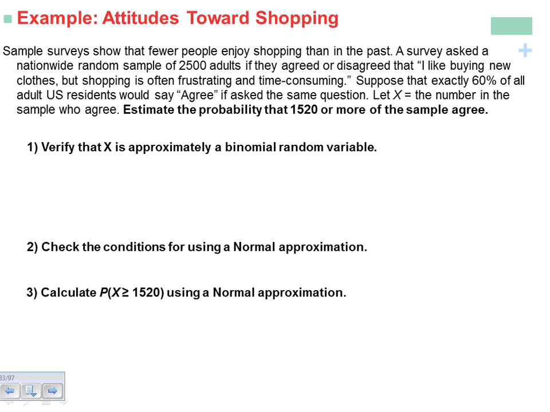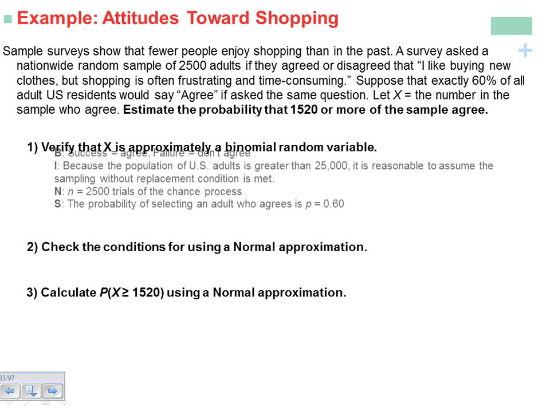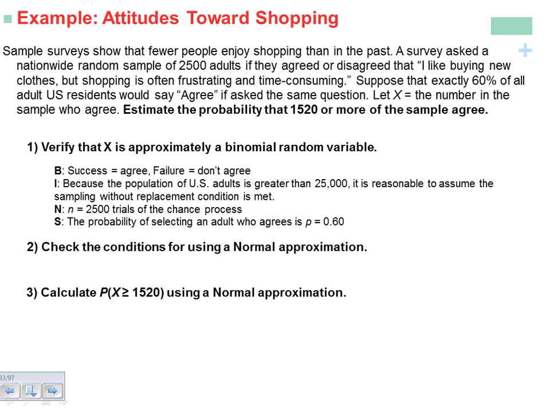First, show that it is a binomial random variable. So binomial, check your bins. All right, success is agree, failure, don't agree. Independent, well, independent is that 10% rule. So I'm going to say the number that I have going on times 10 is 25,000.